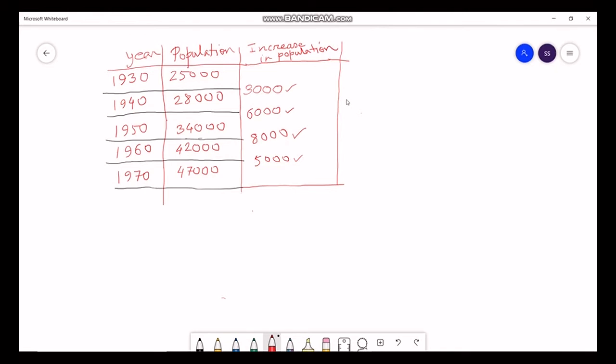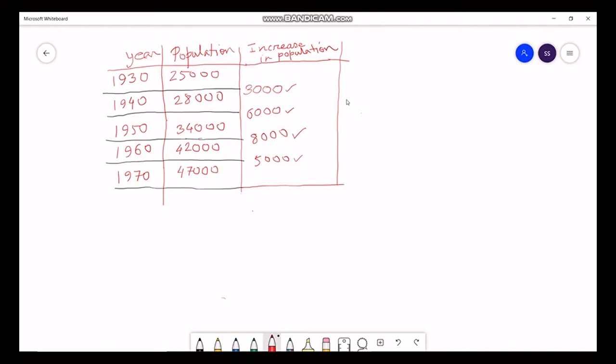Now we will try to solve the same problem as per the geometric increase method. In order to do so, first we need to calculate the increase in population as we have done in the arithmetic increase method.